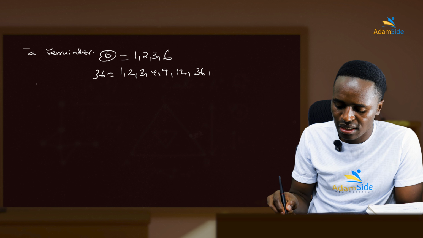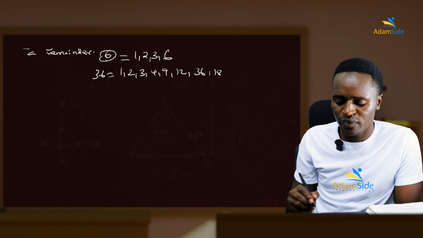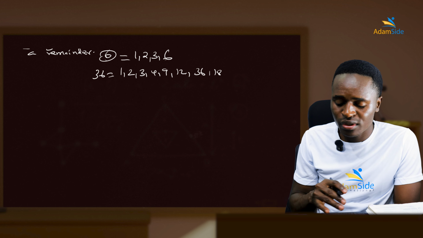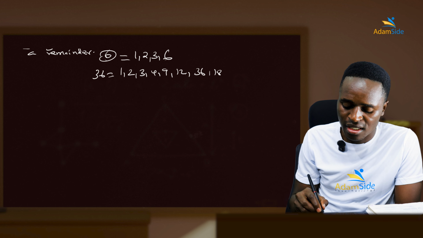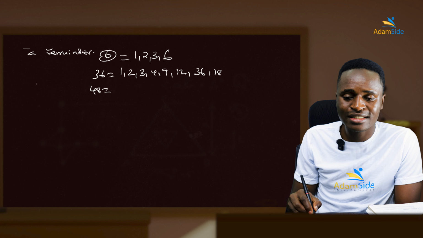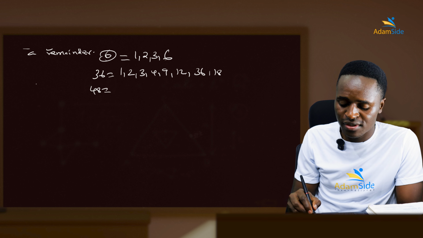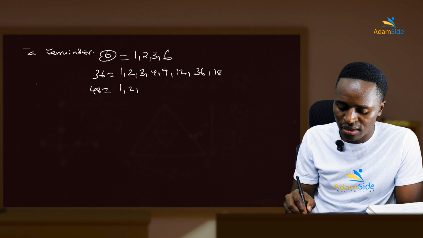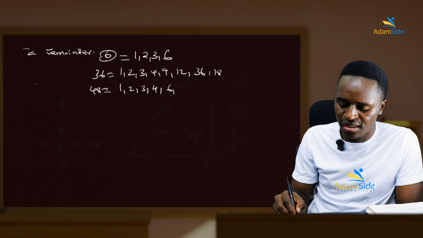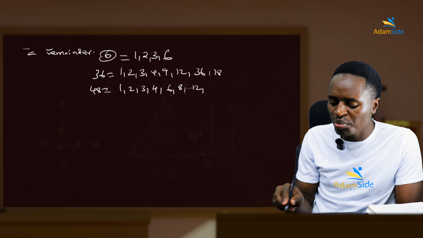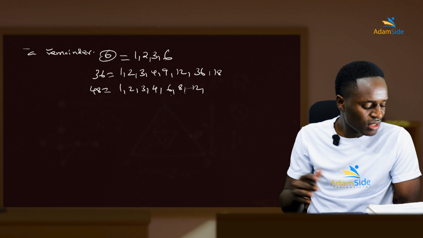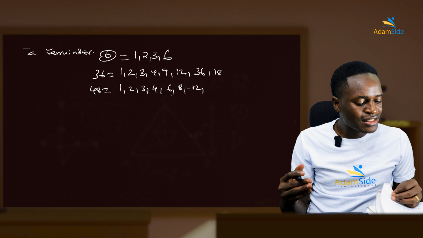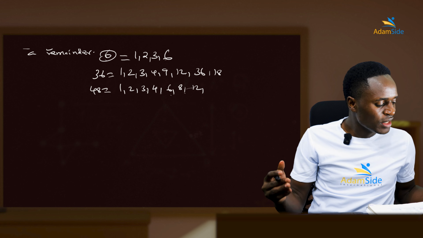Or factors of 48 that divide 48 completely without remainder. You say 1, 2, 3, name them, 6, 8, 12, as you go on, completely without remainder. So that is also what is being examined in this unit.